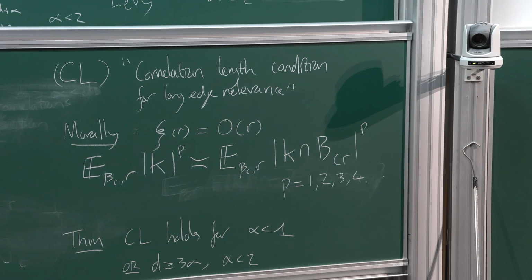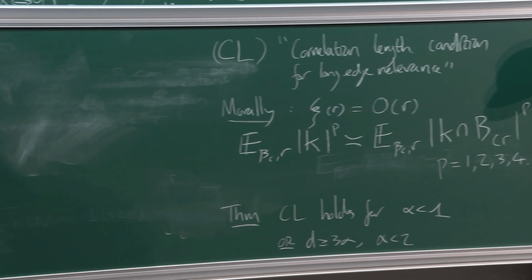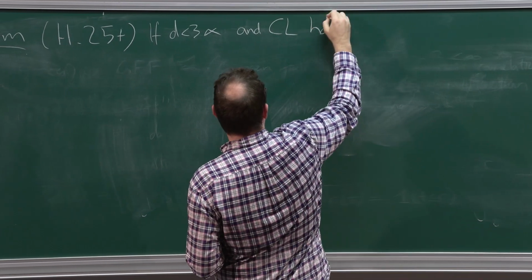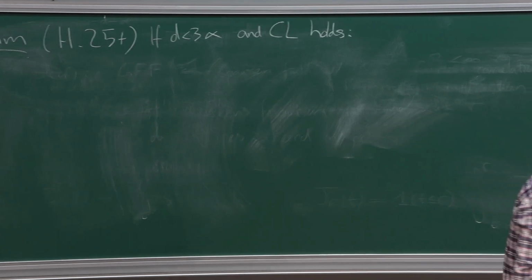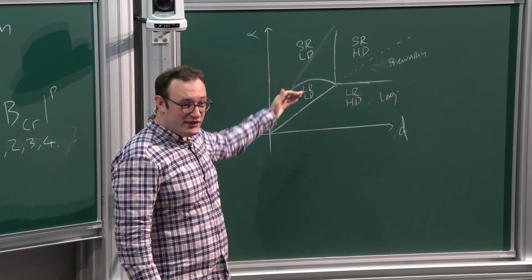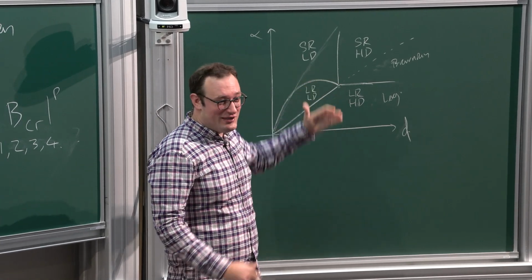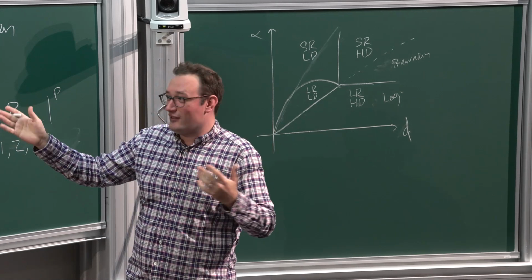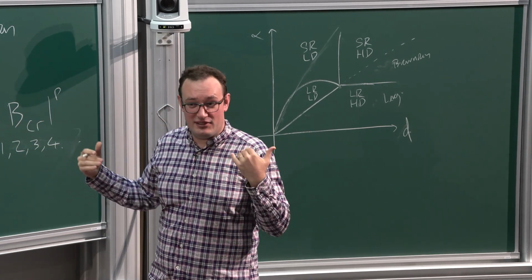Okay? So the theorem is that if D is less than 3 alpha and CL holds, so you should think of this as saying, if you're in this regime, and again, we're avoiding a discussion of what the boundary of this regime is, whether it's connected. I mean, it could even depend on the choice of norm or whatever, right? And there's certainly no obvious monotonicity in alpha.